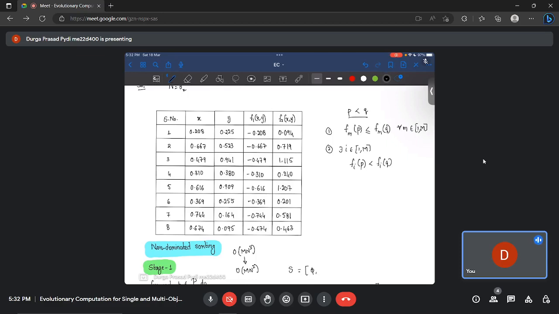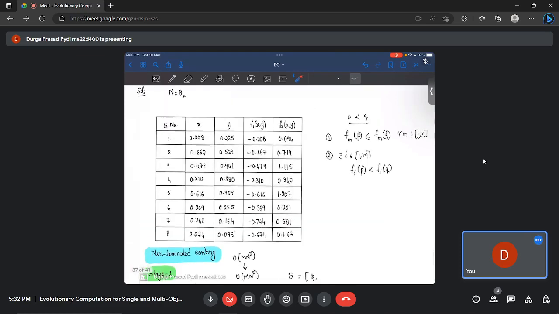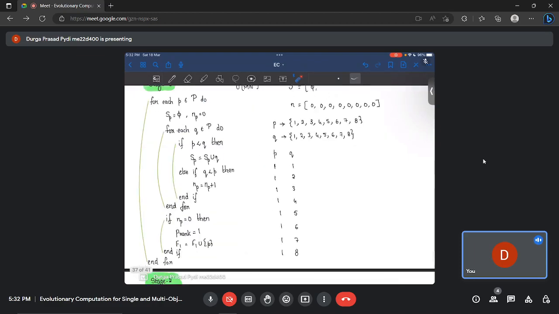Now if you see the first solution, if you want to compare 1 with only 1, our first case is P and Q both equal to 1. Both the values of F1 and F2 will be equal to each other, so the strictly-less-than criterion will not be satisfied. They are not dominating each other, so there is no relation.